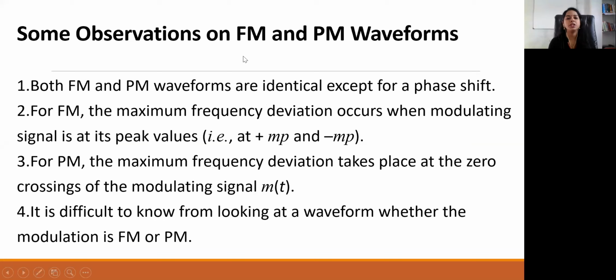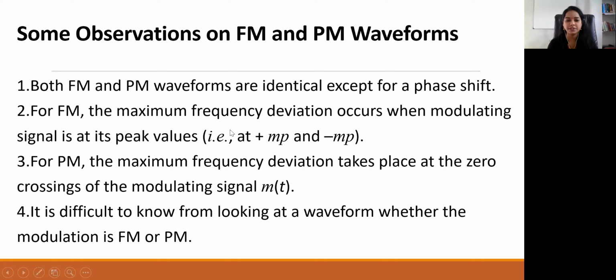In phase modulation, some observations are given. These observations relate to both frequency and phase, because whenever we are doing phase modulation, frequency modulation is also considered. Terms like basis function and sidebands are also considered, because this is a form of angle modulation. So whenever we talk of phase modulation, frequency modulation will always be there. Here is how we calculate the frequency deviation: it is from plus mp to minus mp.